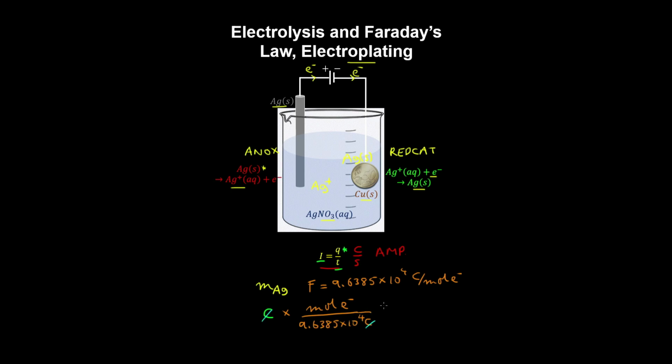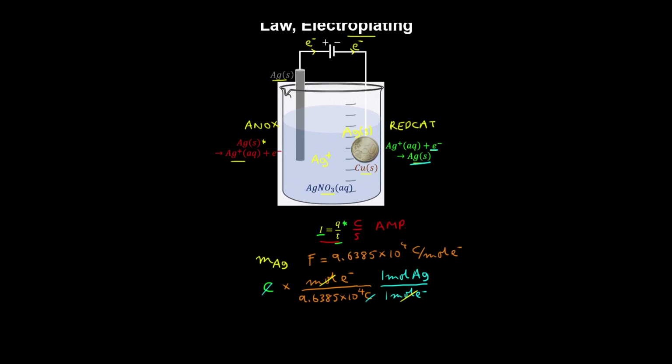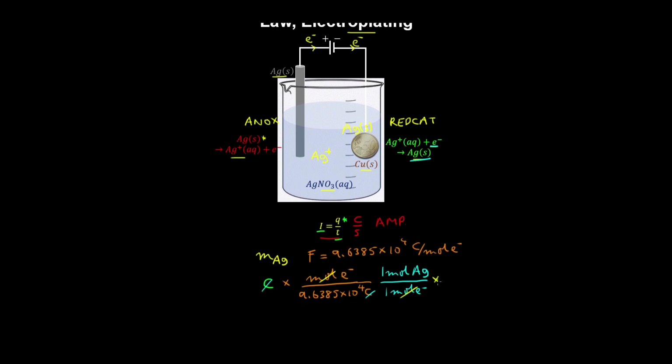And from this, we have 1 mole of electron flowing through that wire per mole of silver that's plated onto that coin. And then using the molar mass of silver from the periodic table, you'll obtain your final answer as a mass of silver that's deposited onto this coin.